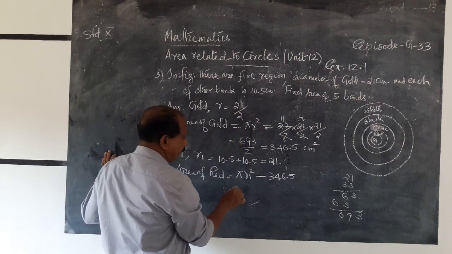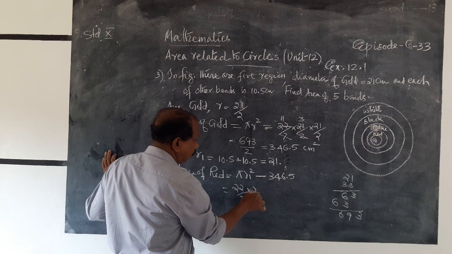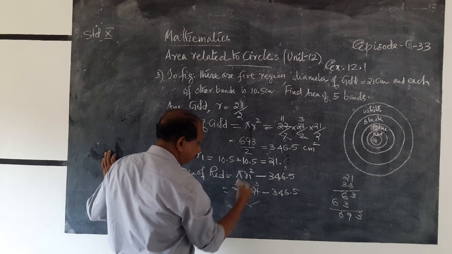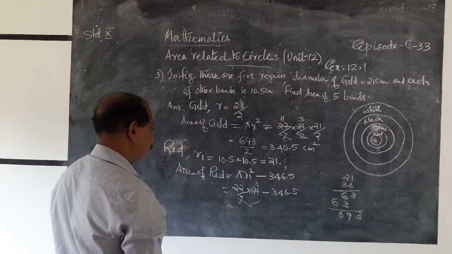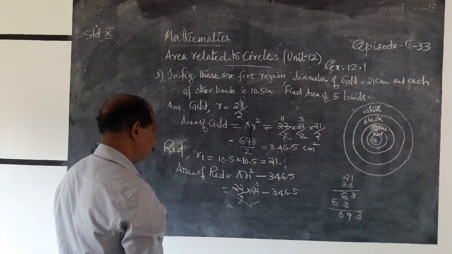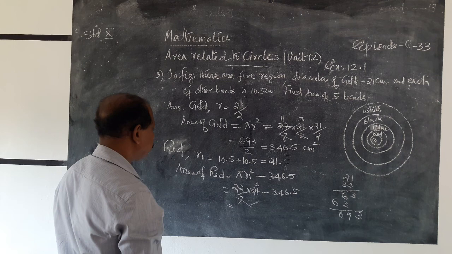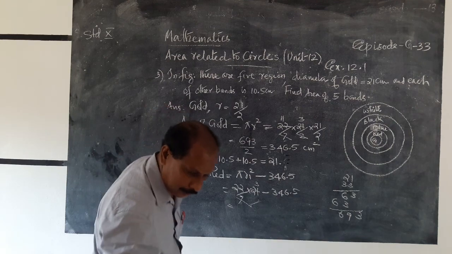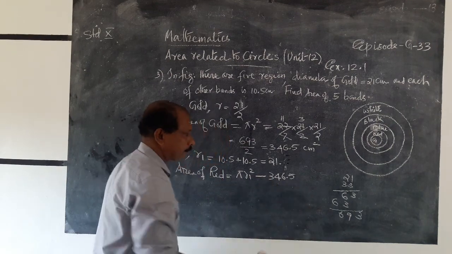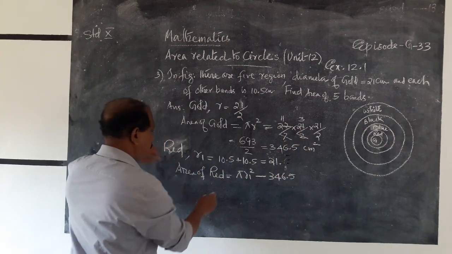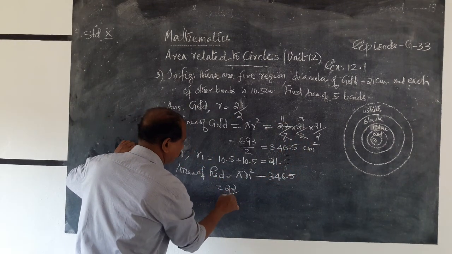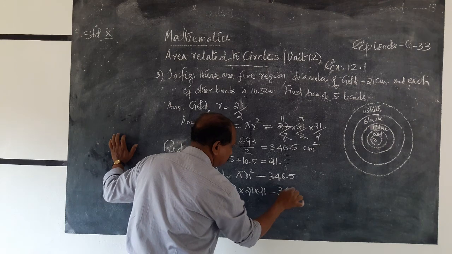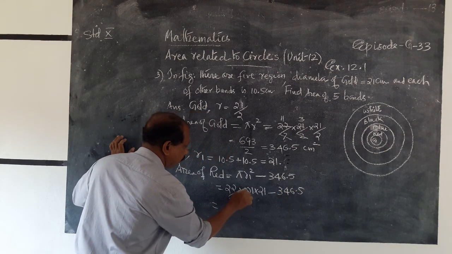That is equal to 22 by 7 into 21 into 21 minus 346.5.